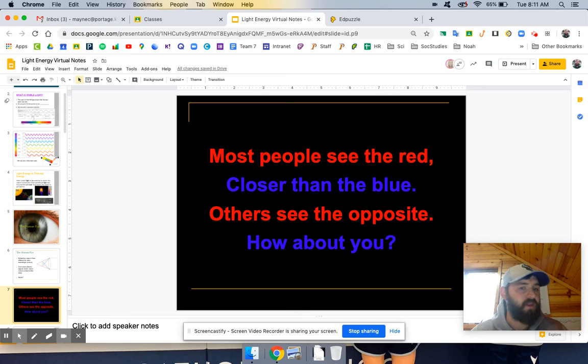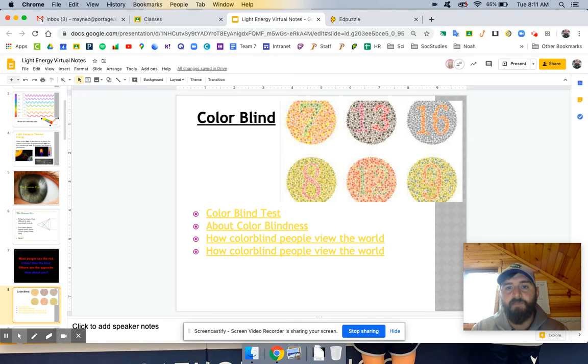Even though they are the exact same distance away, to my eyes, the red seem much closer. So most people see the red, others see the opposite. These two lines look like they're closer, and the blue look like they're further away. So see if yours is the same or if you're possibly opposite.